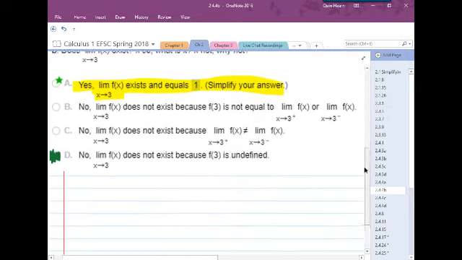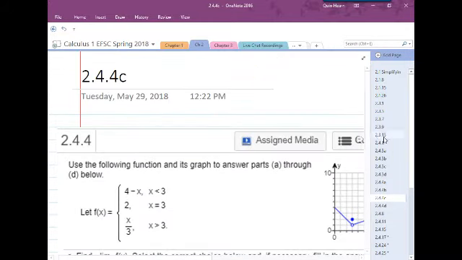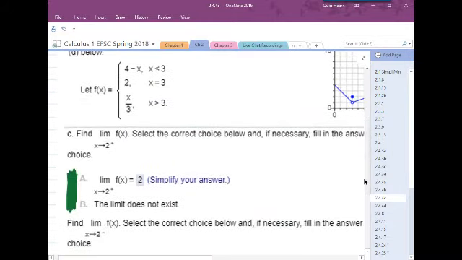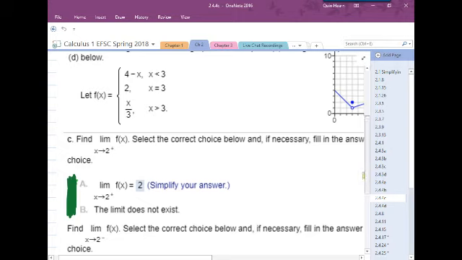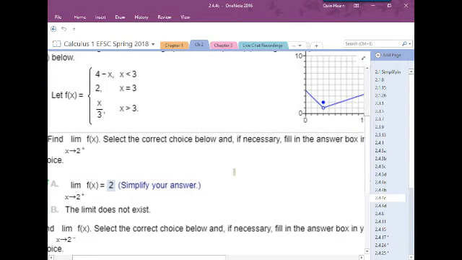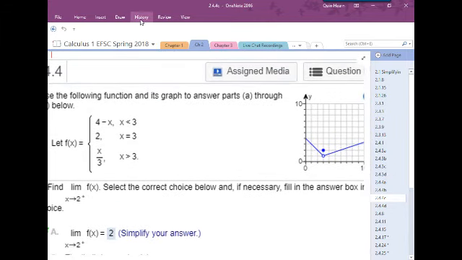Okay, so let's go to part C, same function. Find the limit as x approaches 2 from the right. All right, so the limit as x approaches 2 from the right. Notice that on this piecewise defined function, 2 is an interior point of one of the nice smooth parts of the graph.